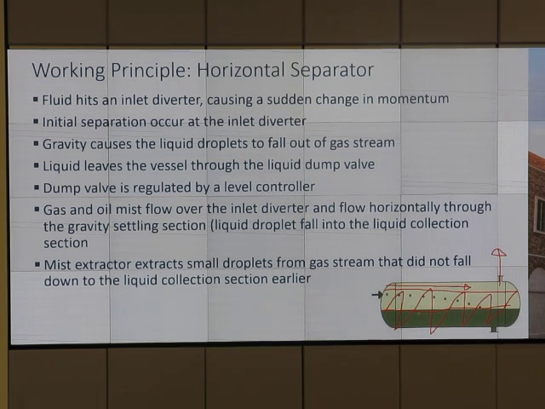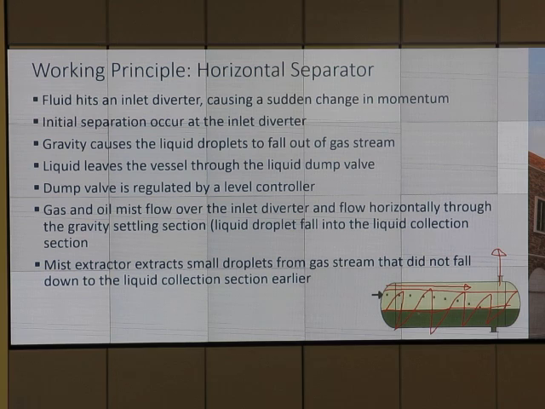What do we do with the mist extractor? Main function of the mist extractor. It removes large particles from the gas. Remove mist, right? Okay, very good. So next one, Alexandra. Hi, Alexandra. What about the liquid collection section? What do we do with that? It's to collect the liquid. Okay.